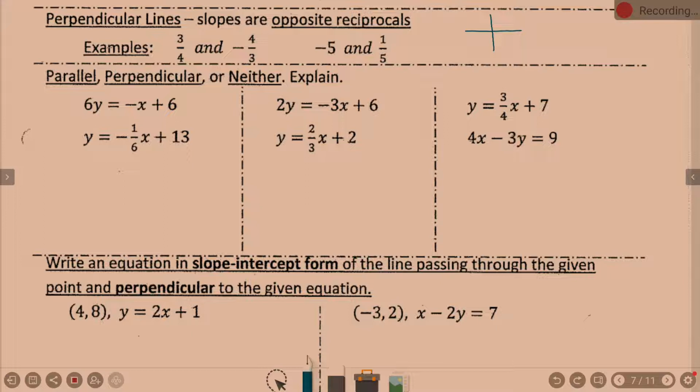With perpendicular lines, our slopes are opposite reciprocals. The opposite of being positive is negative. The opposite of being negative is positive. And reciprocal means we flip it upside down.